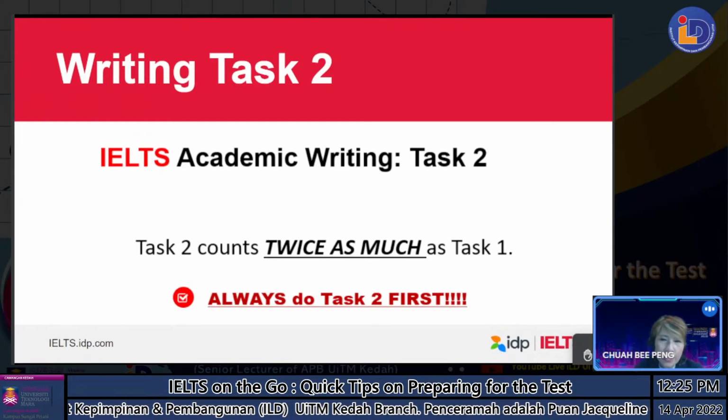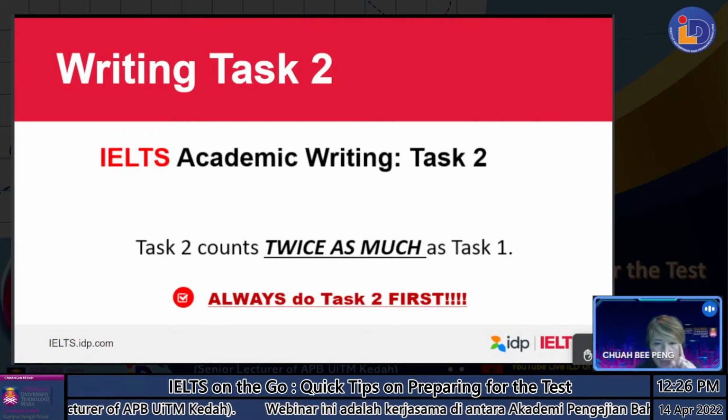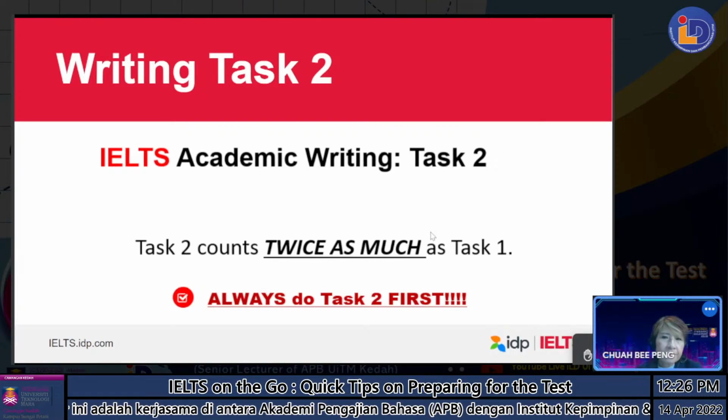You can do that, and then you just focus on your task 2, in which you can write better in a more relaxed mood. Or vice versa. So it's up to you. But whatever it is, bear in mind, more time should be spent on task 2, less time on task 1. Got it?